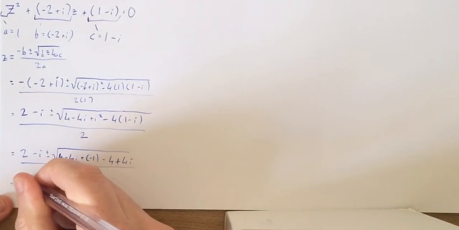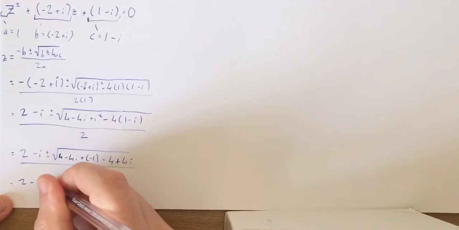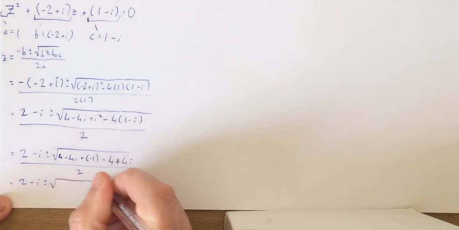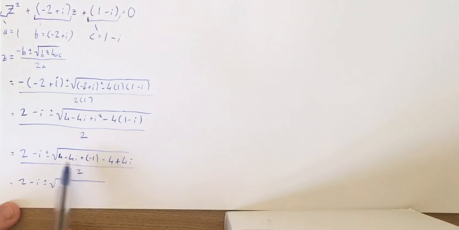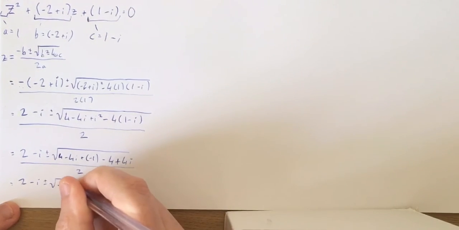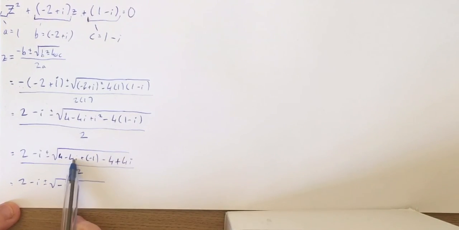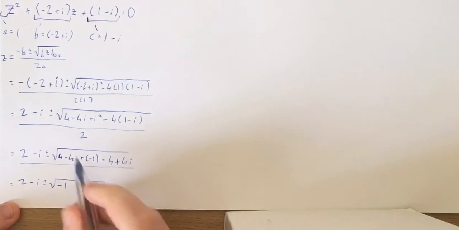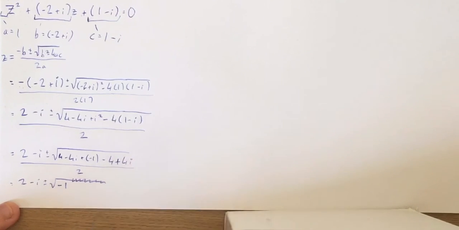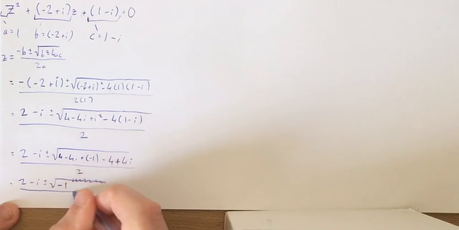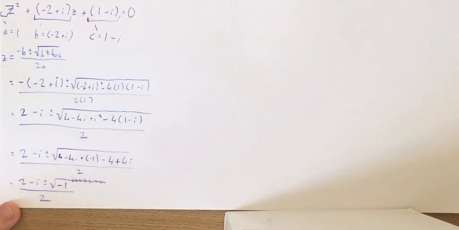So that's equal to 2 minus i plus or minus the square root of, I've got 4 minus 4 is 0, so I'm just left with minus 1, and then minus 4i plus 4i is 0 as well, so I just end up with minus 1 under the square root, over 2.